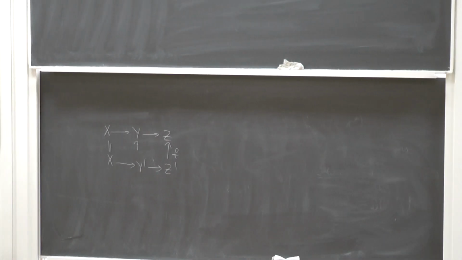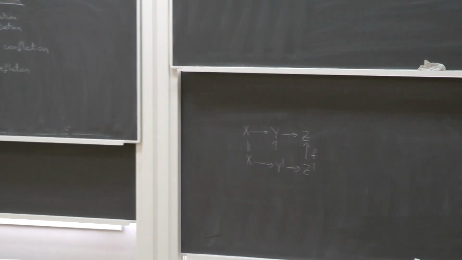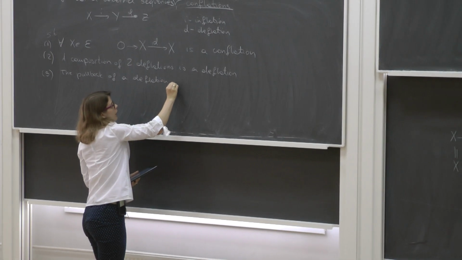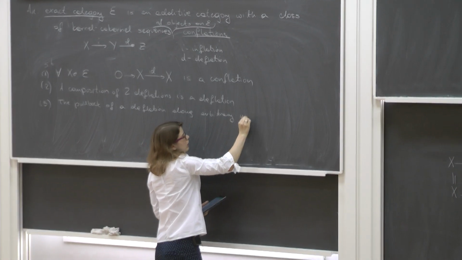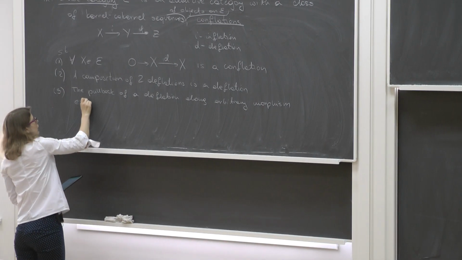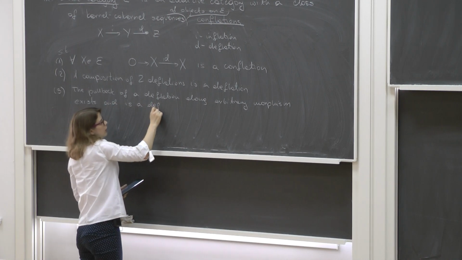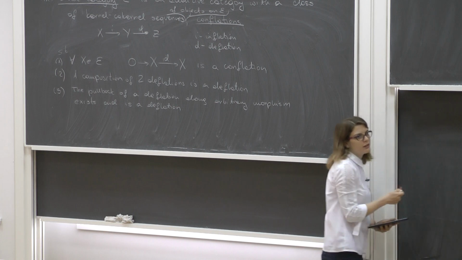Now my category is only additive. It doesn't need to have pullbacks. So the axiom says that the pullback of a deflation along an arbitrary morphism exists and is again a deflation, meaning if this was a short exact sequence, then this is also a short exact sequence.